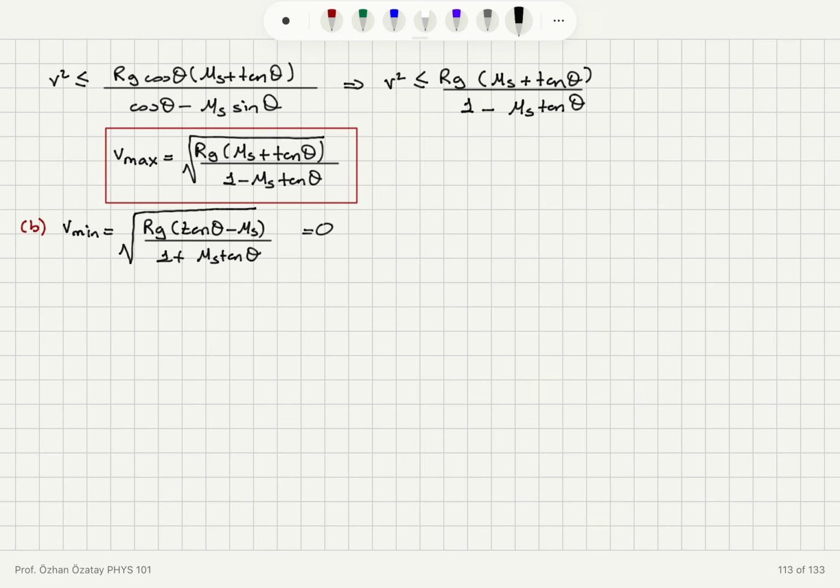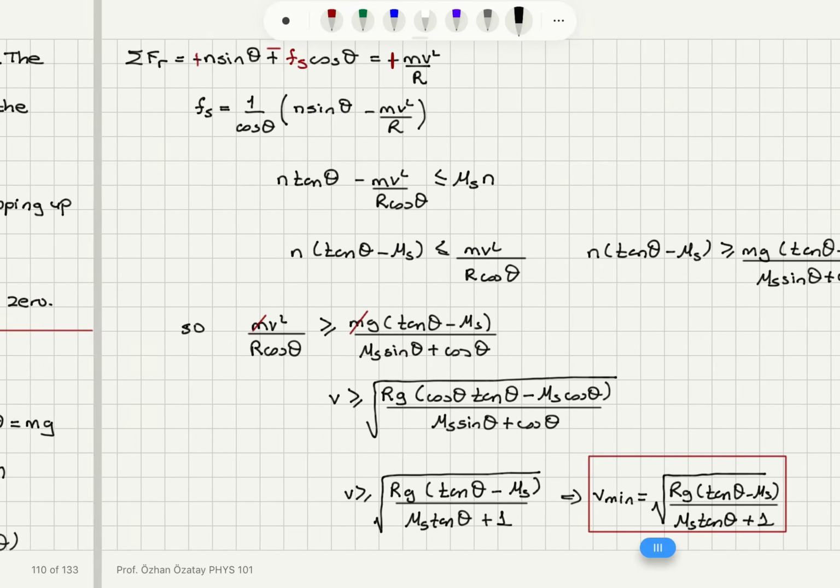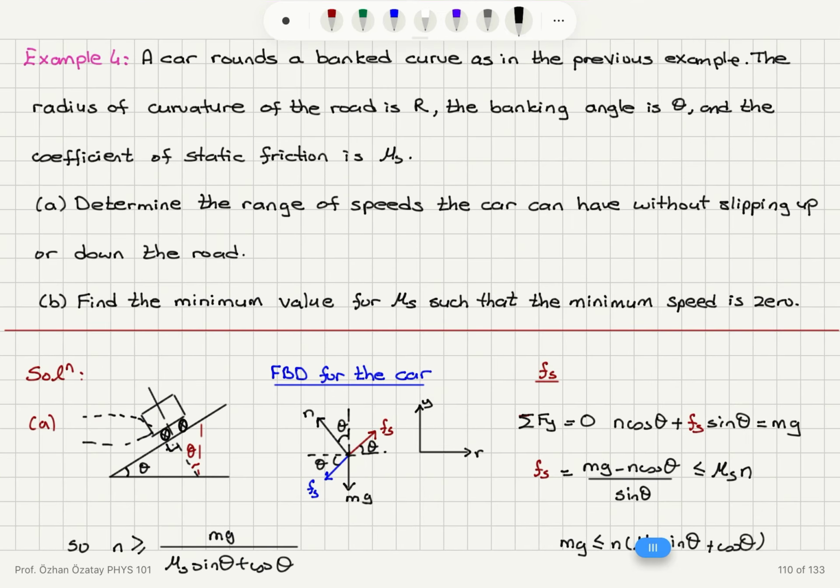Now if this is going to be 0, this will imply that the coefficient of static friction must be equal to tangent theta. So if this is satisfied, then we can have a minimum speed of 0, and even so, it will not be slipping down the road even with 0 speed.